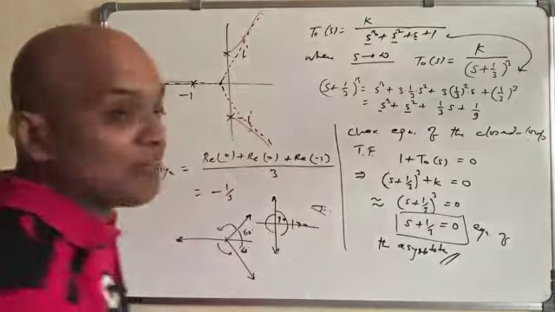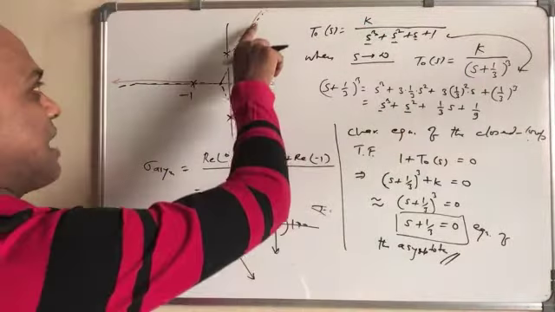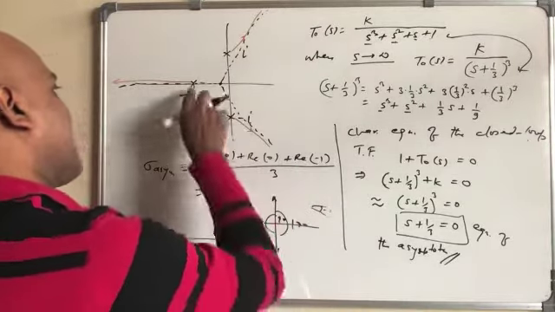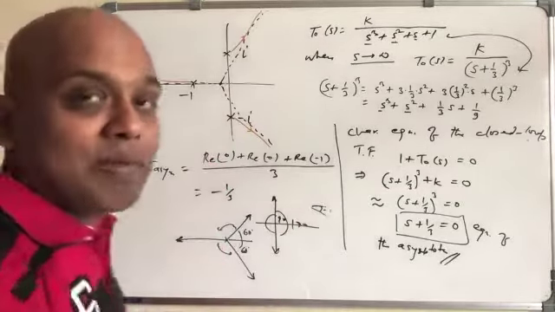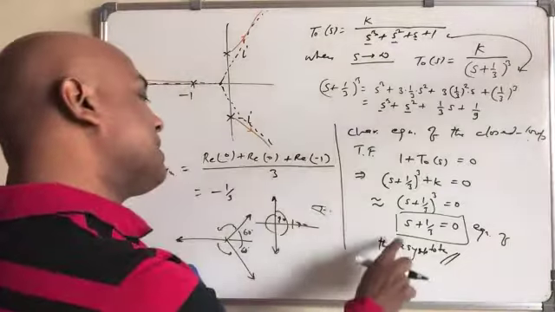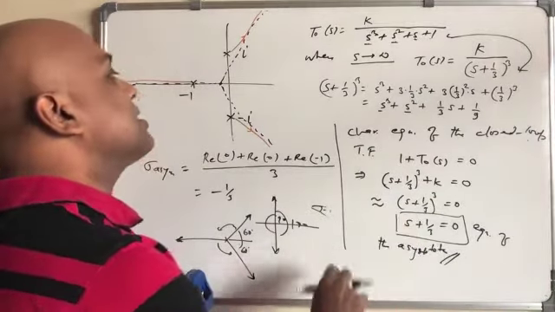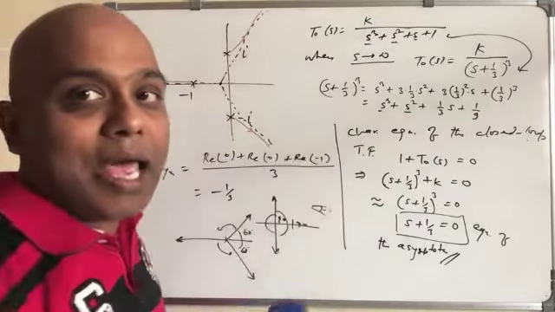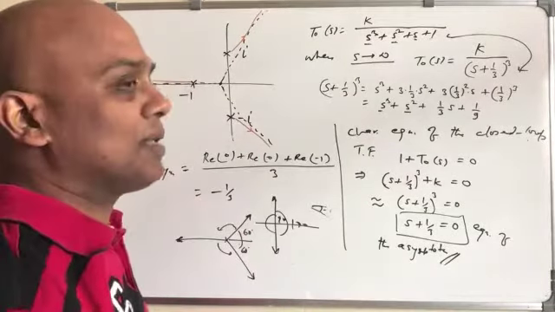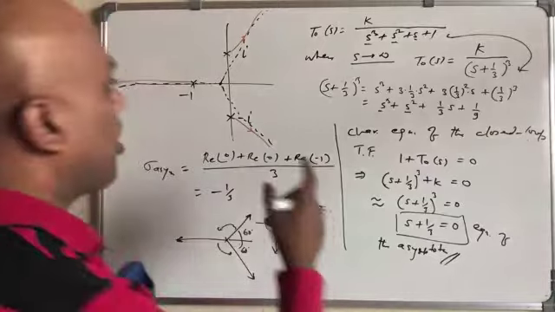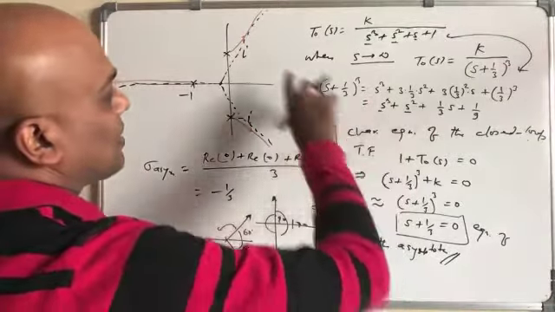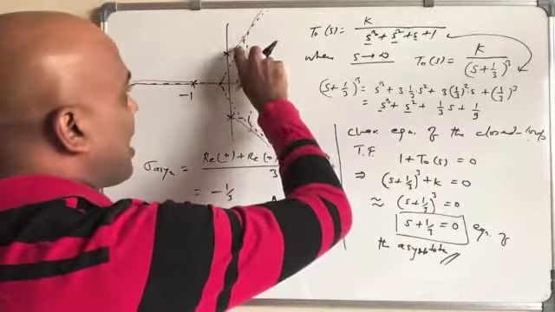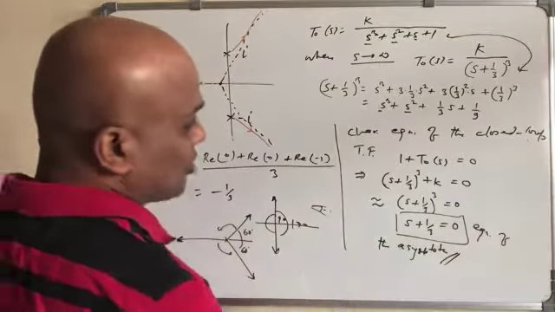However, remember which s we are talking about. We are talking about s somewhere here, and somewhere here only, because not all s are being considered. Only those that satisfy the angle rule and magnitude rule, those that are going to be on the root locus.